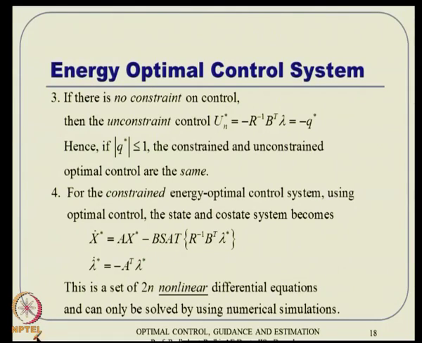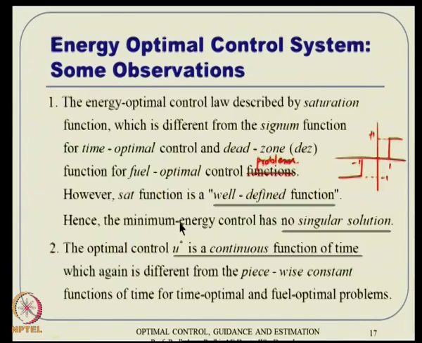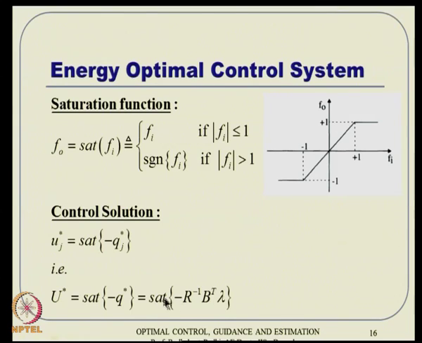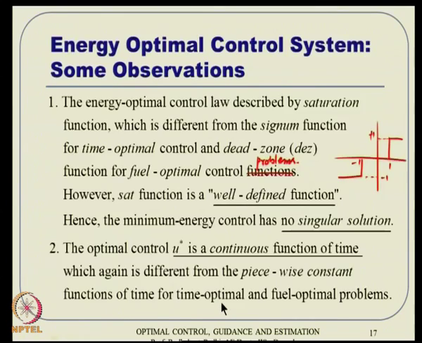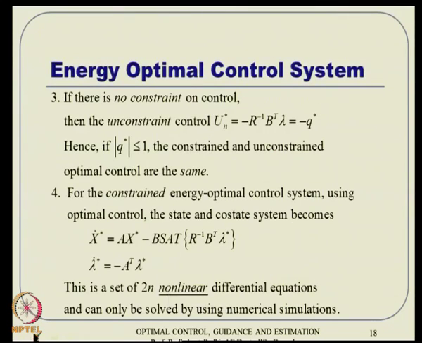Another observation is the closed loop system is dictated by x dot is Ax plus Bu. So, x star dot is Ax, but U happens to be something like this: saturation of minus R inverse B transpose lambda. Sometimes people write it as a big letter, sometimes a small letter.